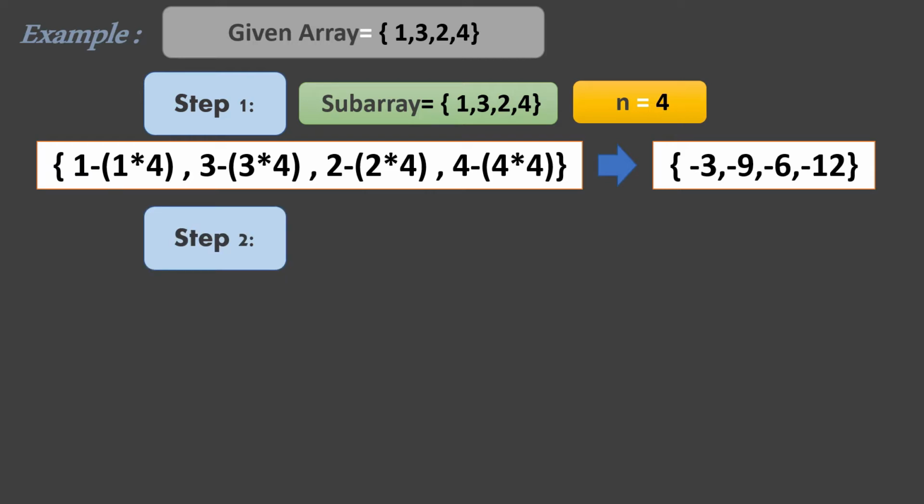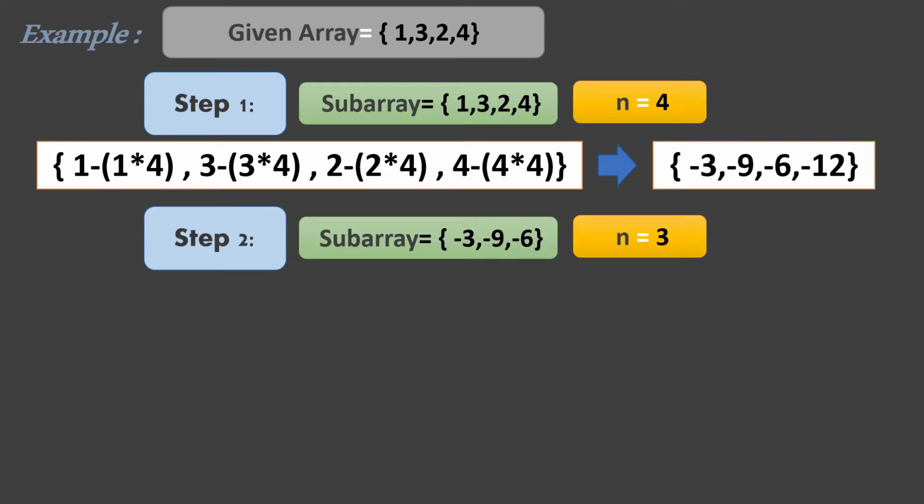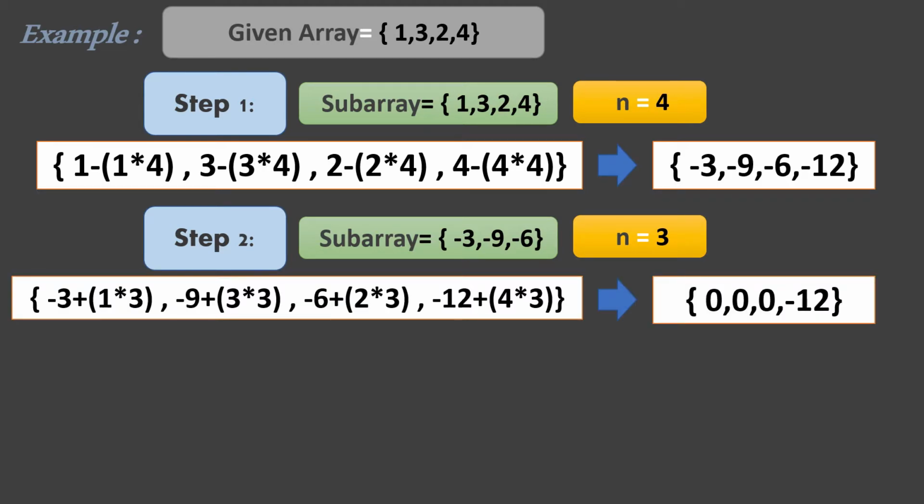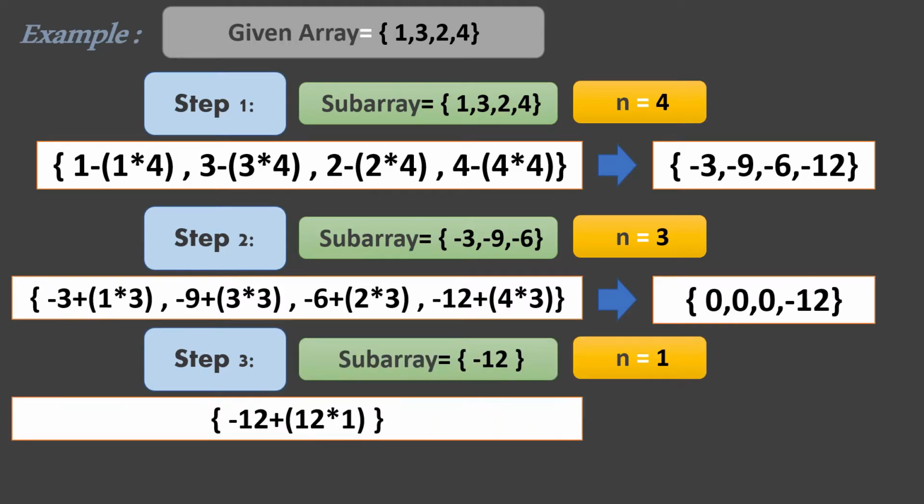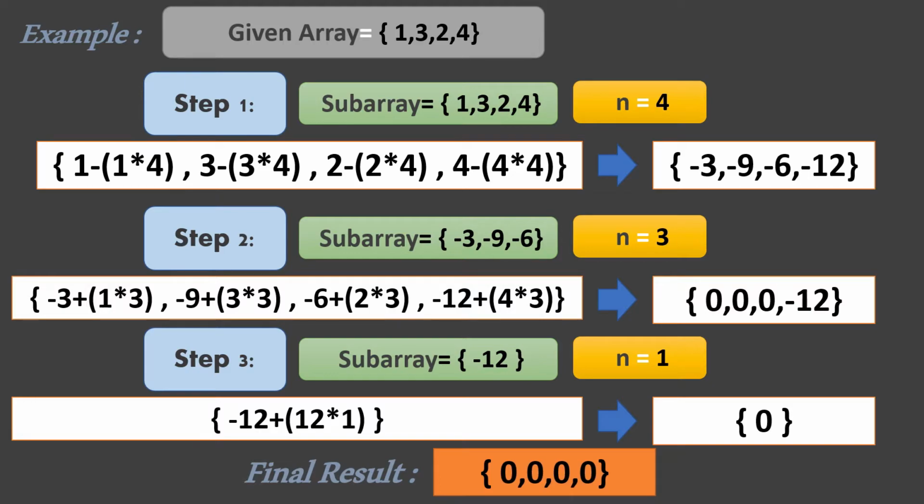Now in the second step we took the subarray of the first 3 numbers and performed the operation as shown. Now only the last number is left. In the last step we did the following operation and we got the value 0. So all the values of the array became 0, which is our goal. Don't worry, we will look at what is happening here.